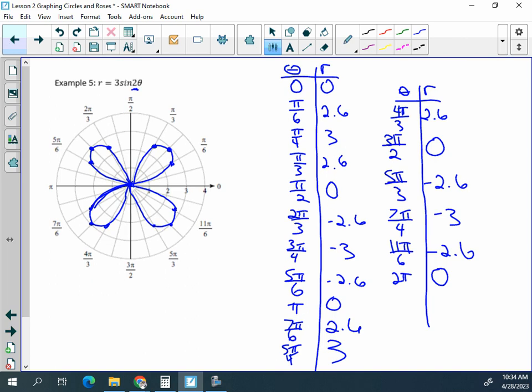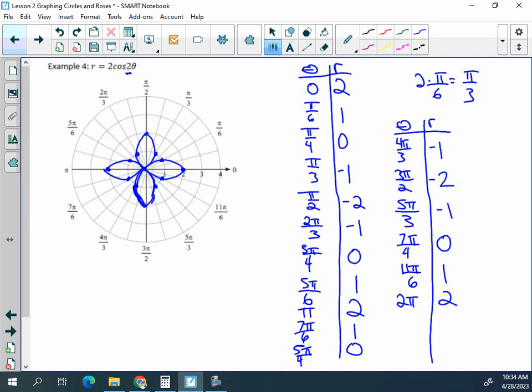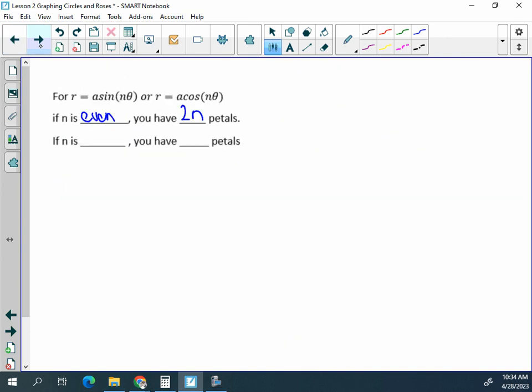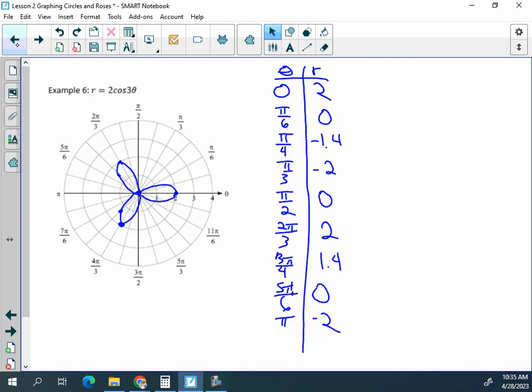We had 4 petals. Same thing with this one. 2 times 2 is 4. We had 4 petals. If your n is odd, you're going to have n petals. Just like our last example, our n was 3 and we had 3 petals. So that is graphing circles and roses.